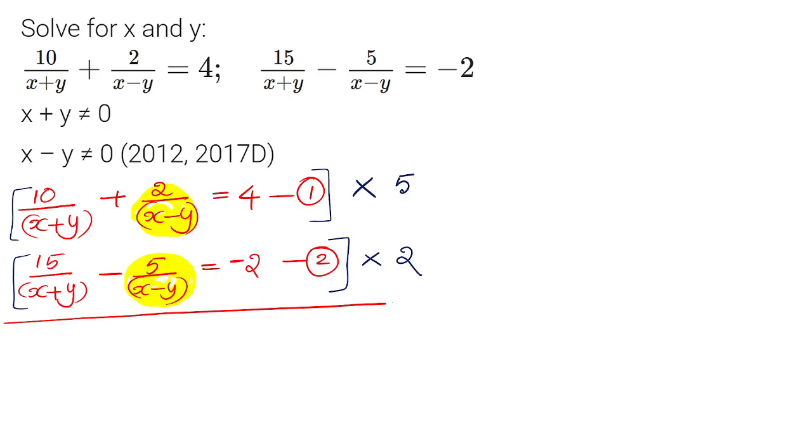Let me write some extra steps, then after that you can ask your doubt. The first equation, both sides I am multiplying with 5. 5 into 10, 50, correct? 50 by x plus y.